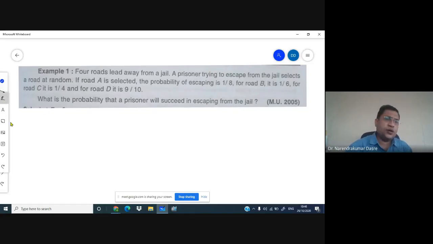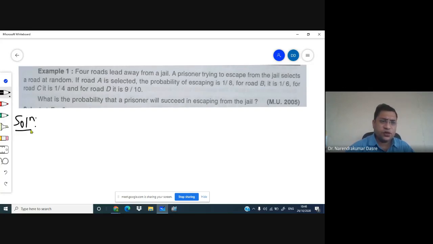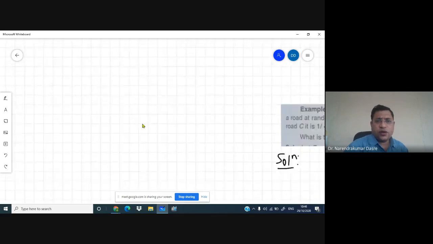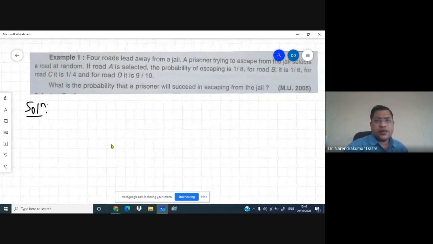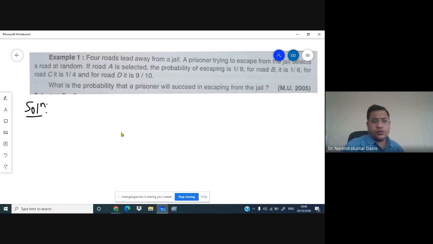When we consider the Bayes theorem and the total probability theorem, we need to take care of two things. We need to understand what is going to be the event and what is going to be the partition. If I want to find the probability that the prisoner will succeed in escaping, that means he has to choose any one of these roads.